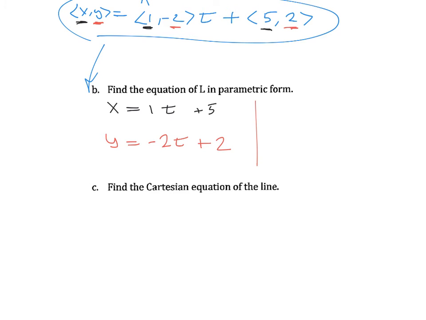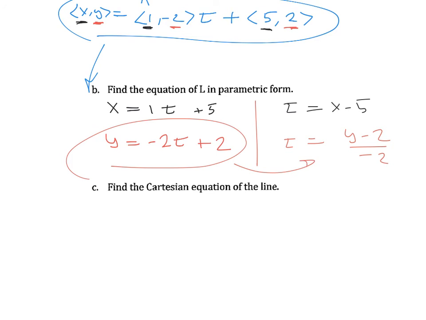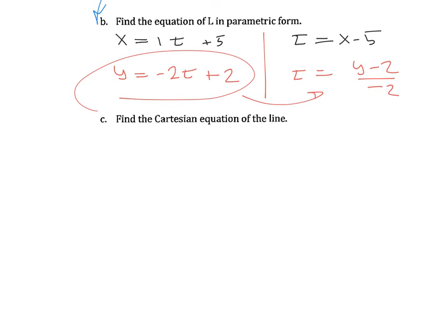in t equals form. T equals x minus 5 and t equals y minus 2 over negative 2. So I just took this equation, rearranged it to get it so it's in t equals form. So for this last piece, what I'm really doing is saying, okay, for these two equations, x and y, let's set t equal to t.